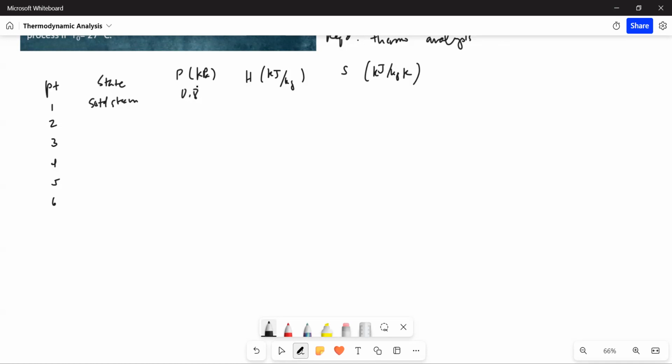And from the steam table, since it's wet, or saturated steam, the problem is we don't know the quality, so let's skip that. Let's go to point 2, saturated vapor, and the same 0.8 kilopascals.